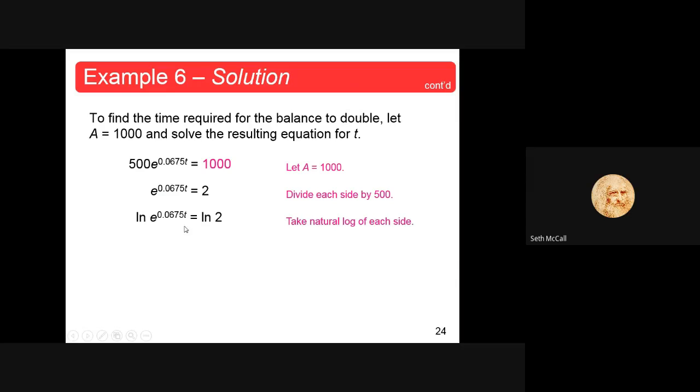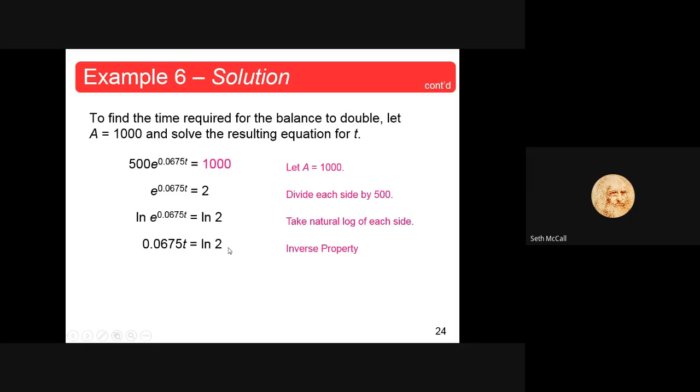Now we're going to utilize the power property, as I said before, and we're going to bring this 0.0675t down in front of the natural log. And you'll notice we have natural log of e, which hopefully you remember is 1. So that cancels out. Natural log of e goes away, and we're just left with 0.0675t equals natural log of 2.